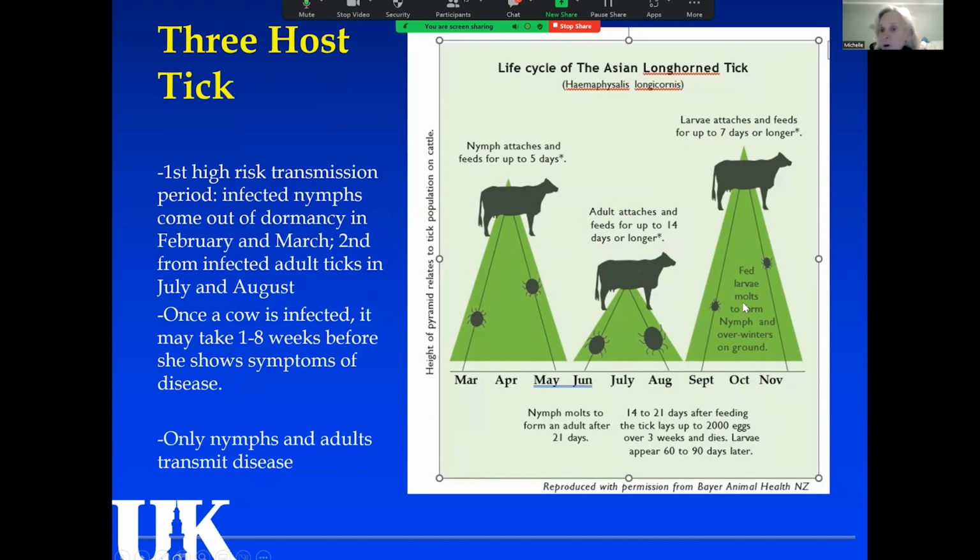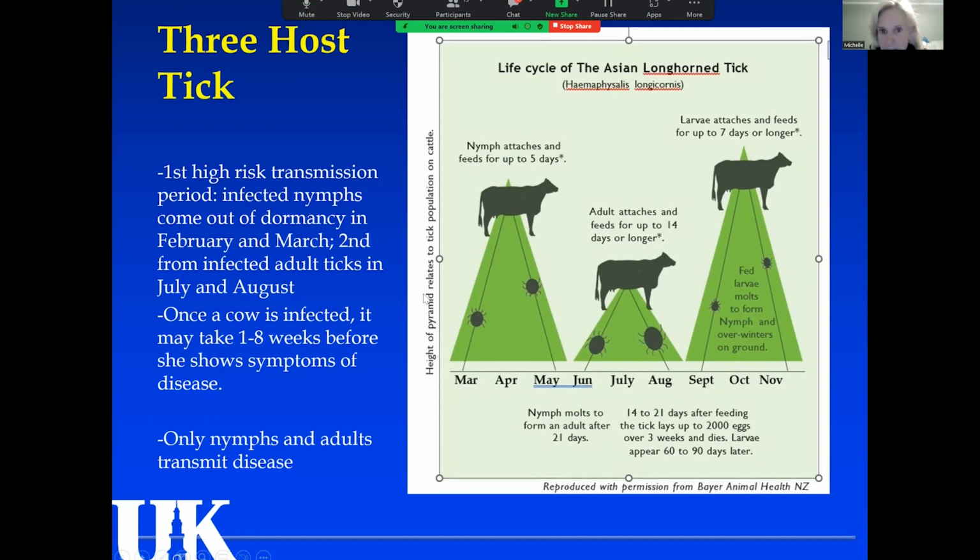The larvae molt to form nymphs, and the nymphs overwinter on the ground. Come back here to the spring, and the nymph comes out right about now, actually, March, April, and attaches and feeds for a week or so, drops off, and molts to form an adult. So this is a 3-host tick.